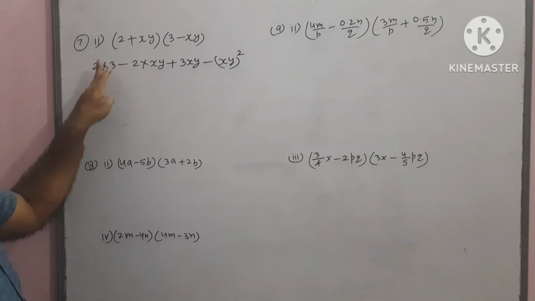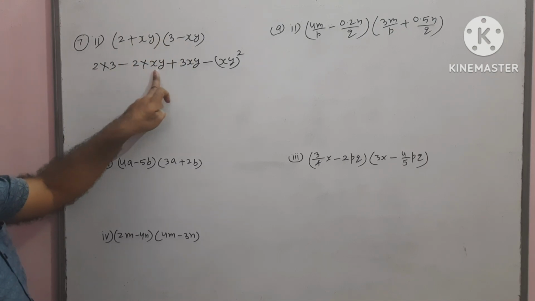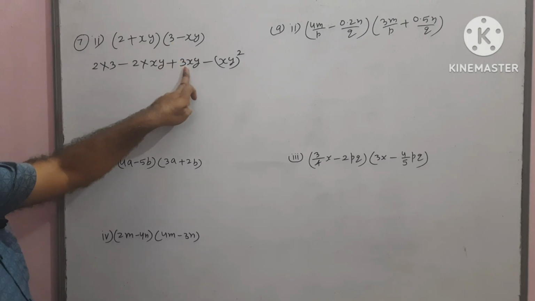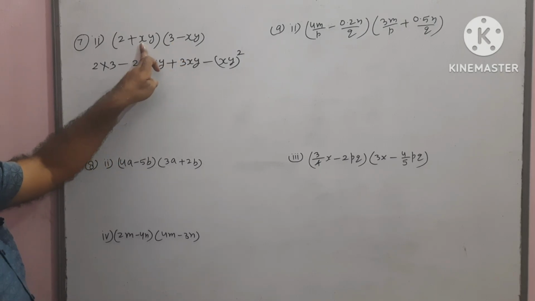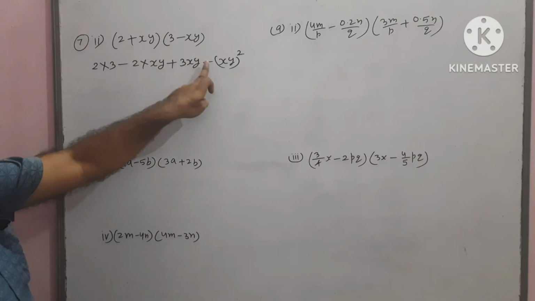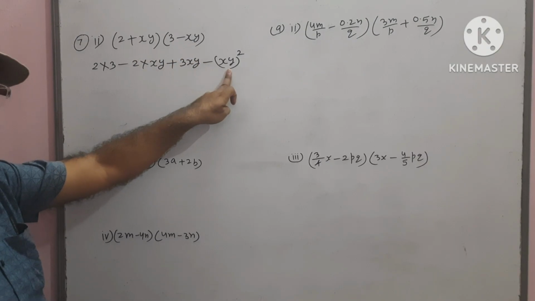2 is multiplied by 3, so 2 into 3. 2 is multiplied with minus xy, so minus 2xy. Plus xy is multiplied with 3, so we can write plus 3xy. Plus xy is multiplied with minus xy, so plus into minus becomes minus, and xy into xy is xy whole square.